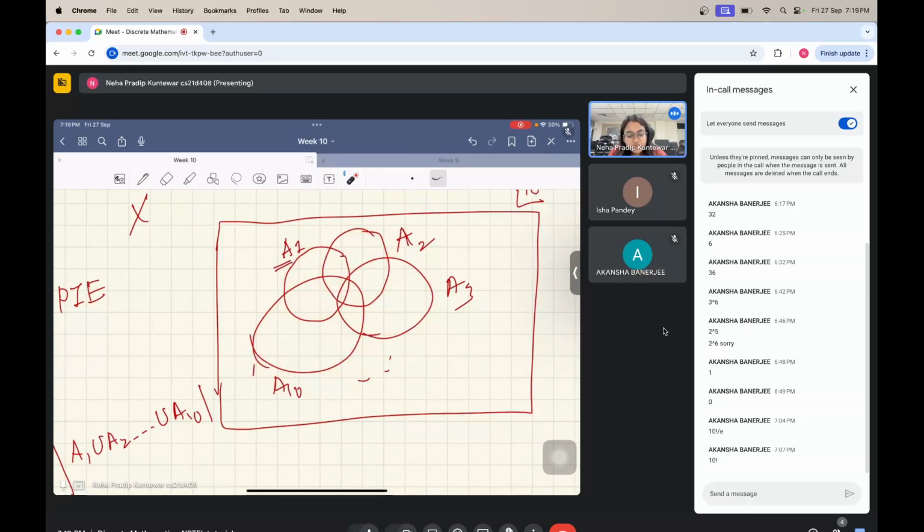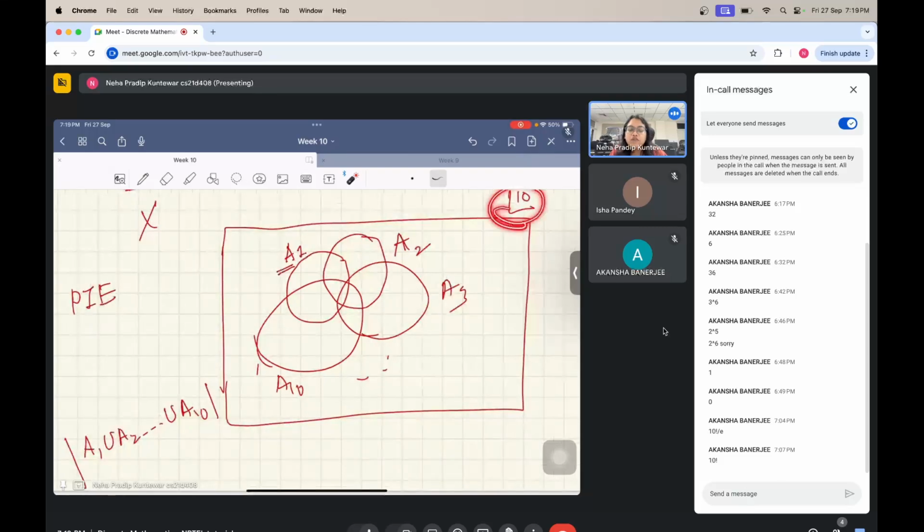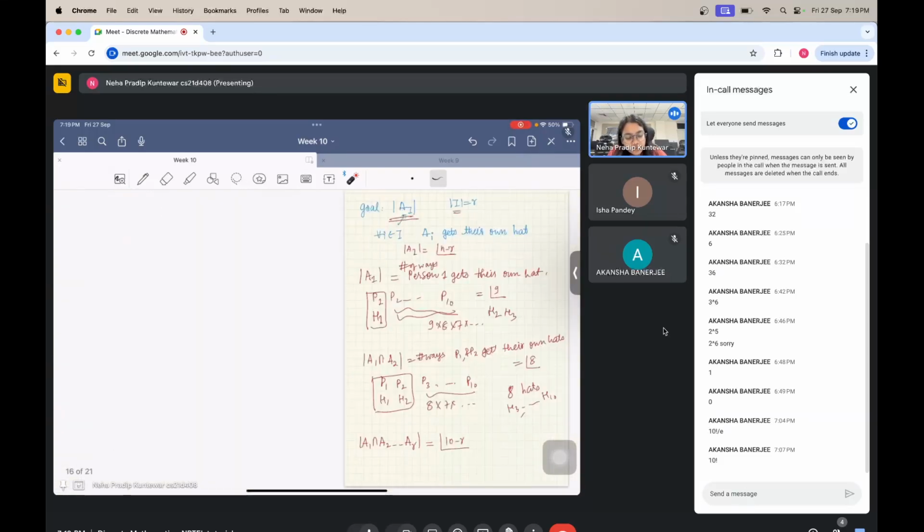And what we wanted really is what is outside this set, so we're going to subtract it from 10 factorial, which is the total number of ways in which you could have arranged.